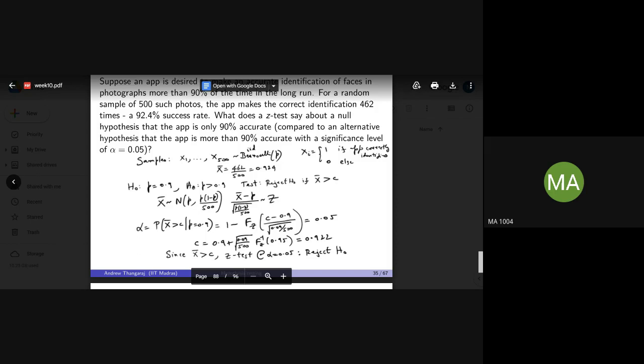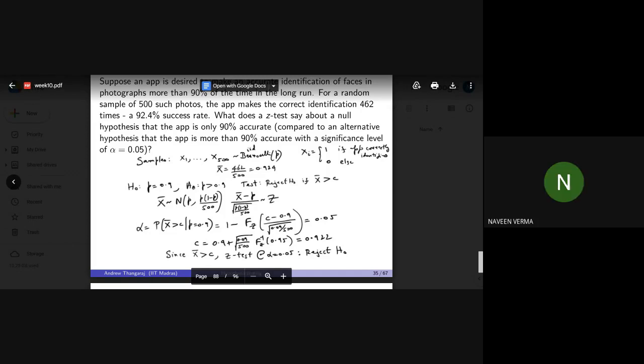Now the F inverse of 0.95 value we know, so from there you will get C. Once you substitute that value, we got C to be 0.922. Now this is only how you find the critical value.